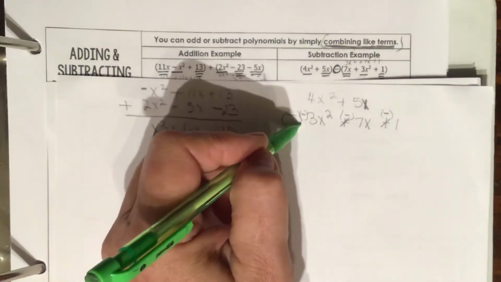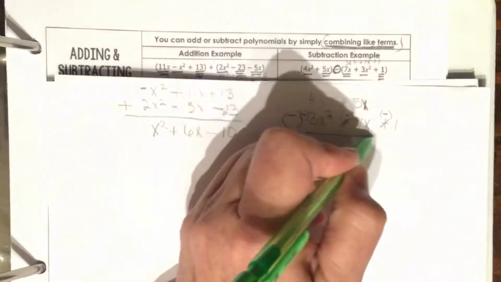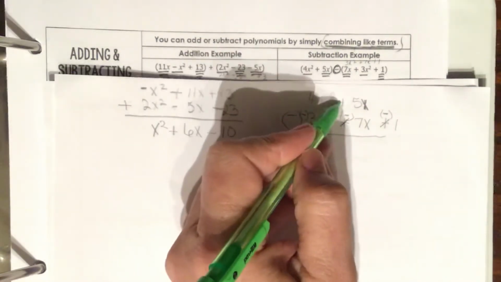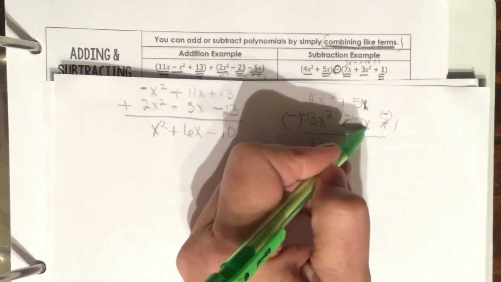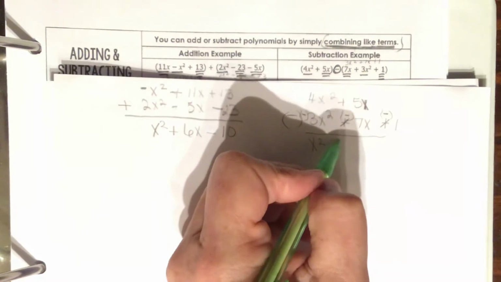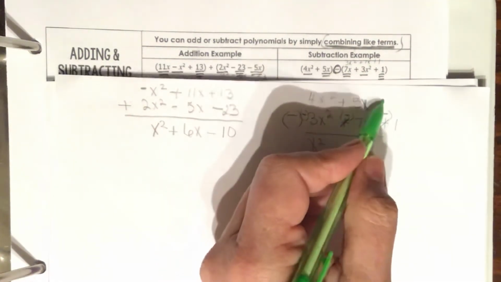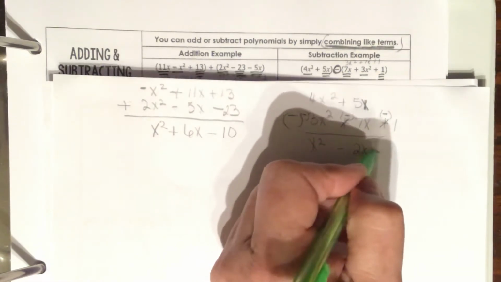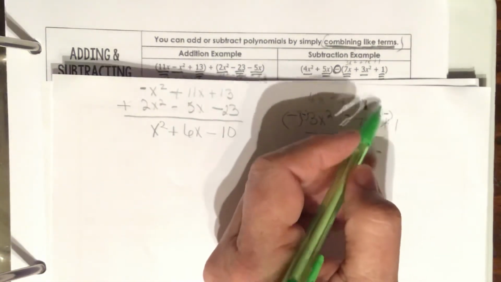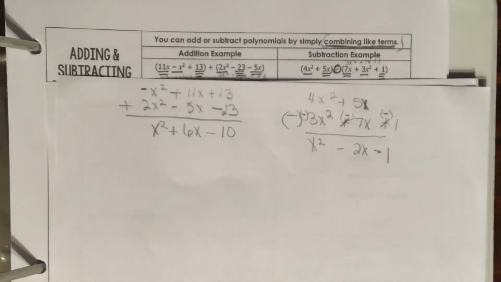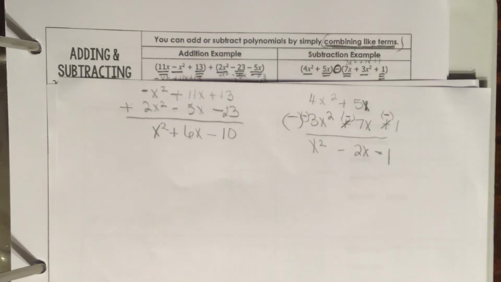So 4 minus 3 is x squared. Positive 5, negative 7 is a negative 2x. And that's just, bring it down. You're just combining like terms, so you're really not subtracting. Negative 1. So that's all you do on that one. So there's an example of an adding and a subtracting.